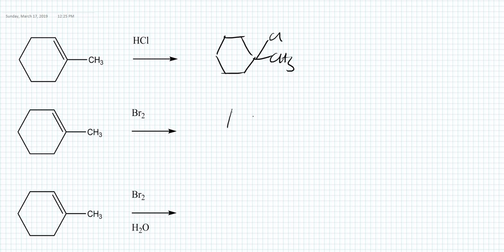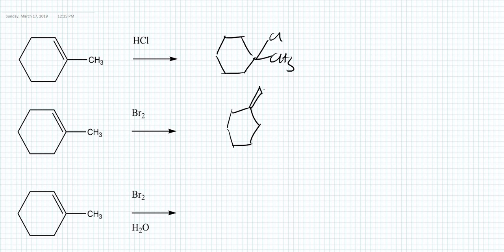So let's draw cyclohexane, and let's draw methyl. But before drawing methyl, since we are going to add Br and Br to each side of the double bond, they have to be on the opposite faces.